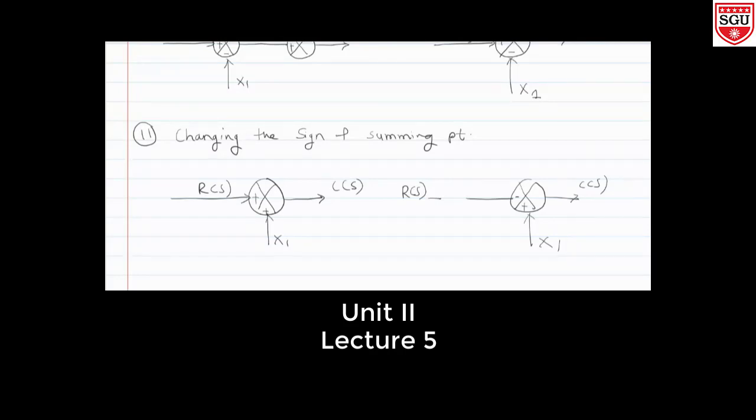You can type also -1. Perfect. We are adding -1 over here. R of s will be multiplied by -1, so that I get minus R of s, and that minus R of s is coming to the summing point. Minus R of s minus, it will become plus, and in total you will get a positive effect. And that is the last point of our rules.